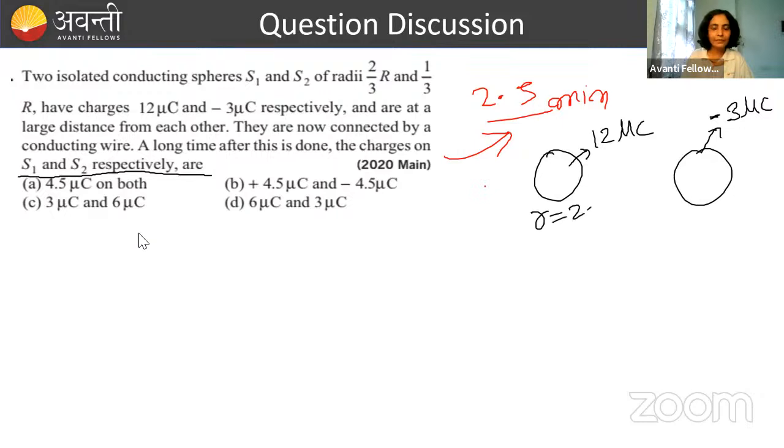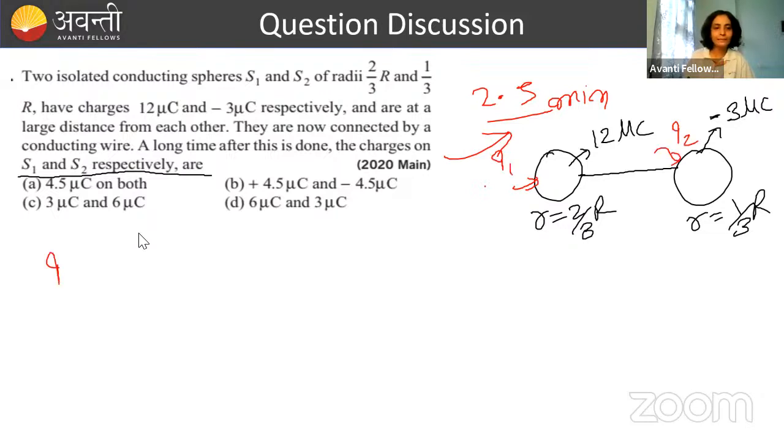Its radius is given as 2 by 3 r. Its radius is given as 1 by 3 r. Now what will happen? Now they are getting connected. So when they are connected, it is asked what is the charge on these two spheres. So what you will do? Suppose assume that after connection, charges on the spheres, this is Q1 and on this is Q2.